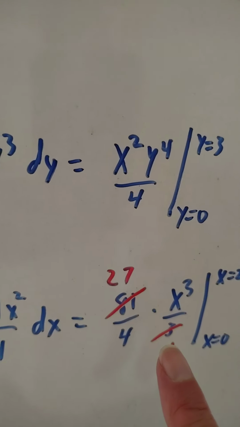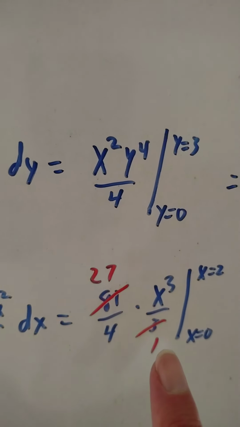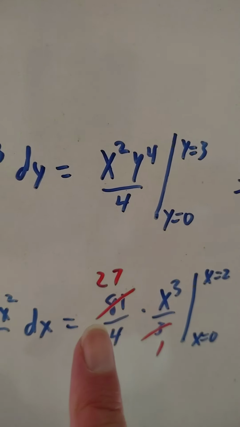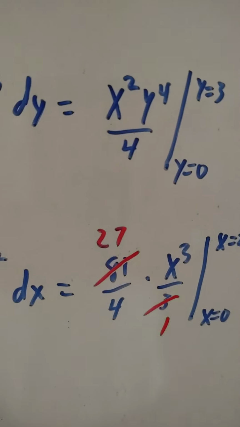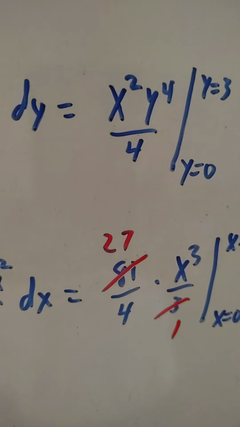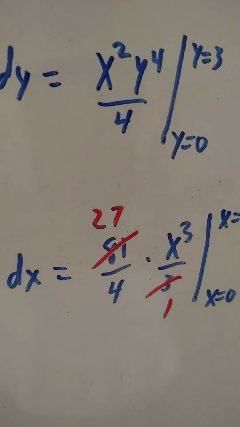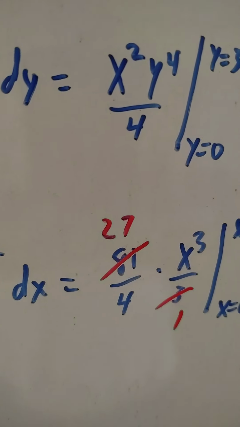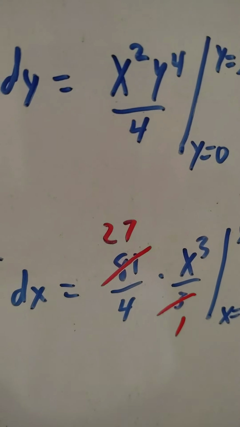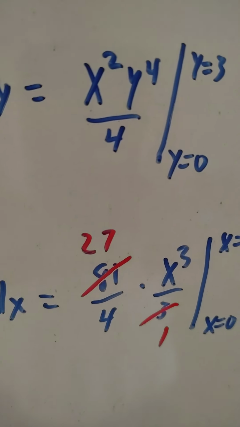That's a 3 there on the bottom. And then 81 over 3, if you divide them each by 3, you get 27 over 1. So this really reads, it's kind of hard to read maybe, it originally was 81 fourths times x cubed over 3 by the power rule of integration for x. And then 81 over 3 reduces to 27 over 1.